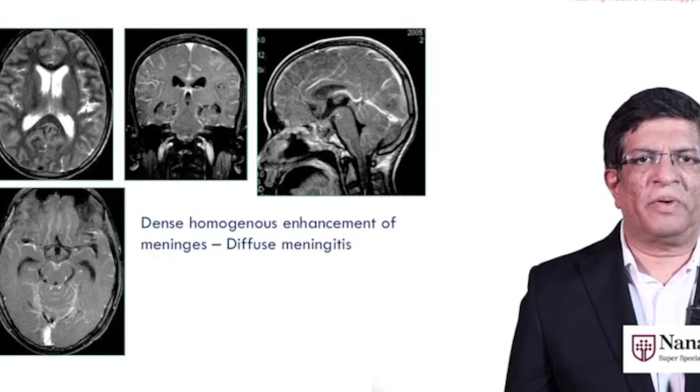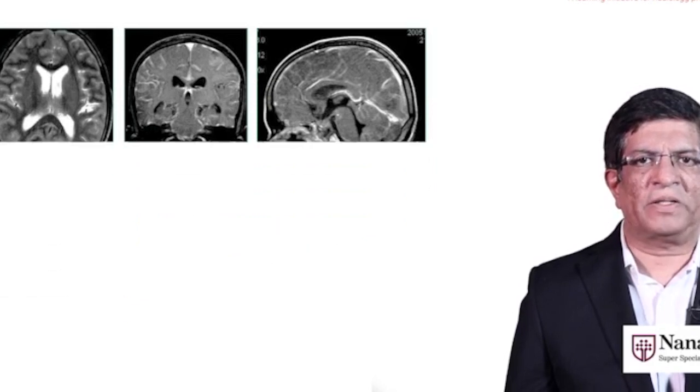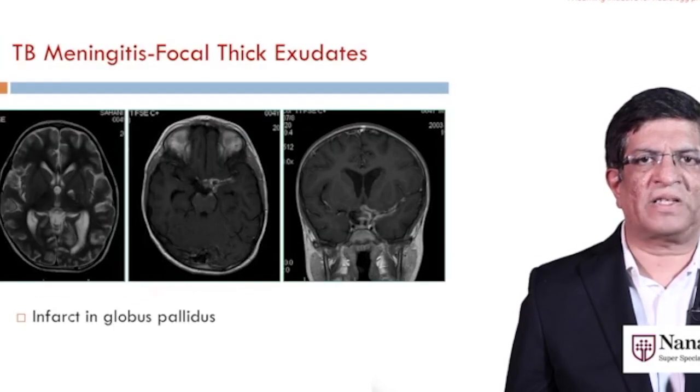On T2, you may get mild hydrocephalus. On post-contrast fat-sat T1 weighted images, you will see exudates across the frontal, parietal and occipital convexities, and some amount of exudates in the basal cisterns, like you see here in the suprasellar cistern and interpeduncular cistern. You have enhancement along the folia of the cerebellum as well.